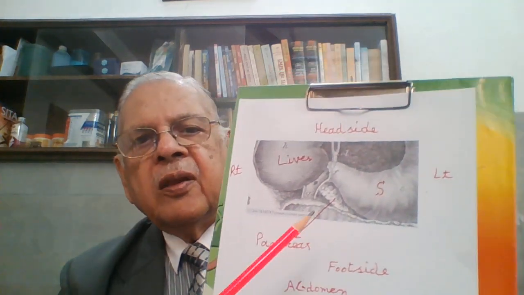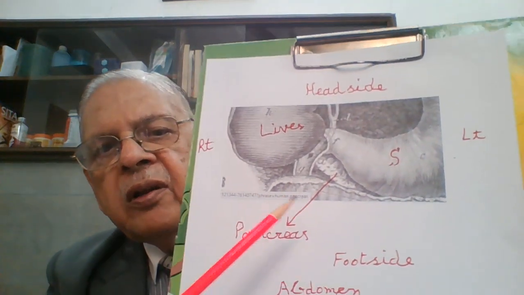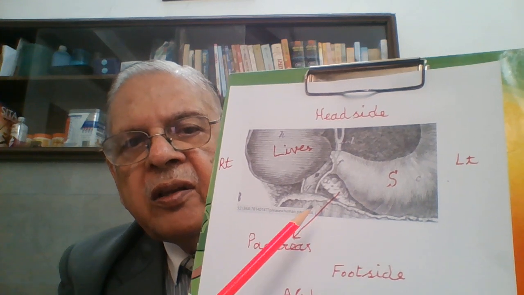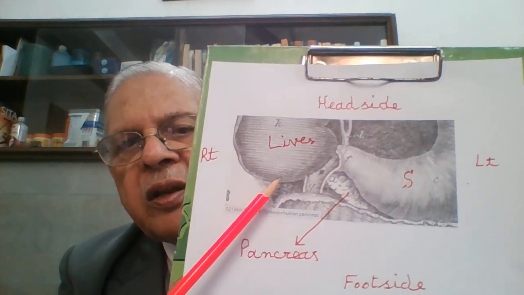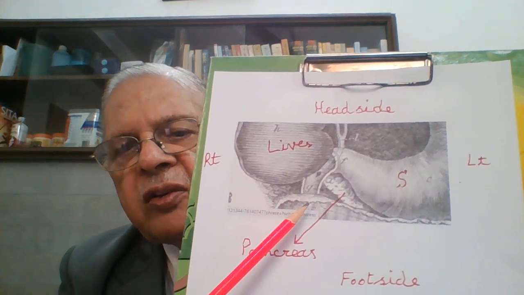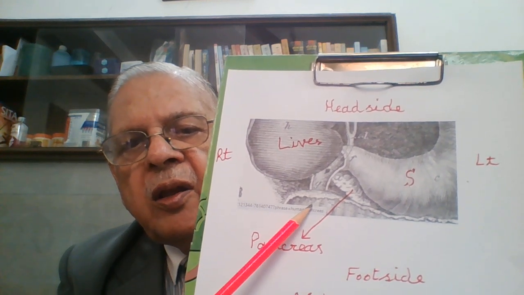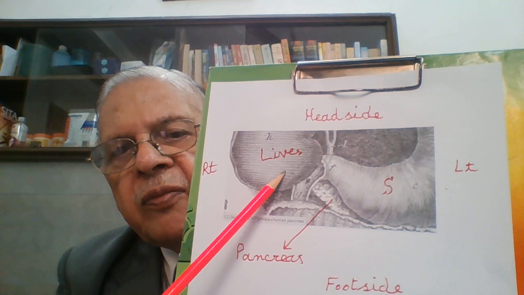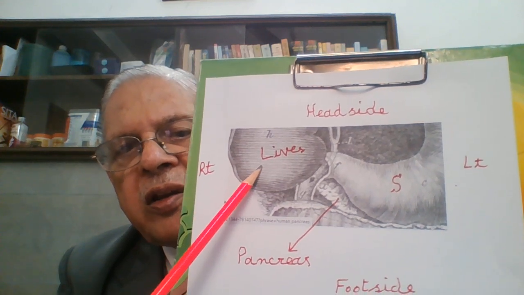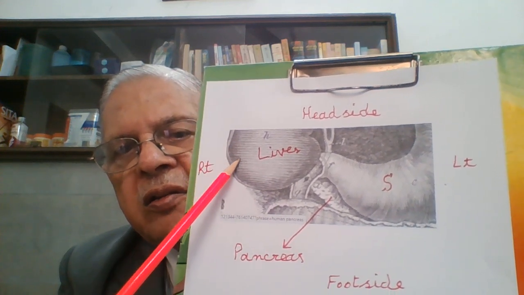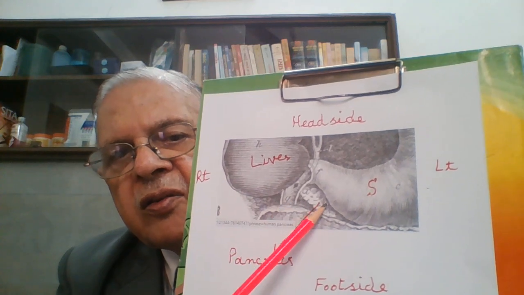Now, be conversant with these pictures. This is again a picture of your stomach area. That is what we call abdomen. That is the area below the chest and above your hip bones. This is the right side. There is a liver in the right side, and this is the stomach.